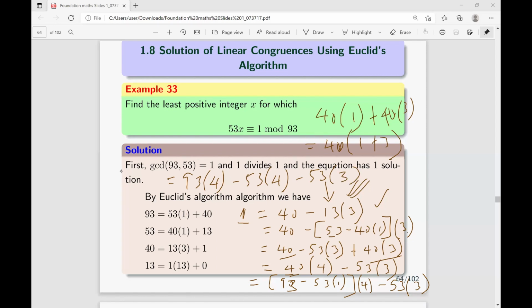At this point, I collect like terms, and I can see 53s. So this gives me 93 times 4. 53 have minuses. Whatever is inside the bracket is 3 plus 4, which is 7. That's what I get.